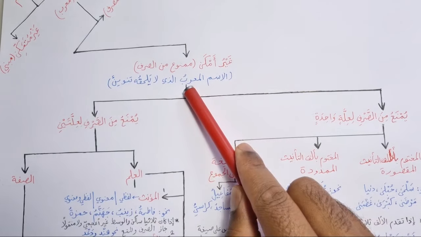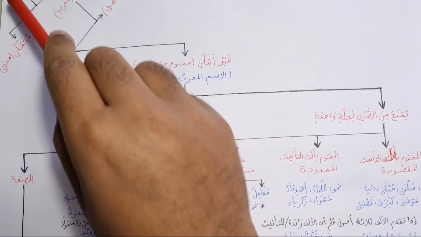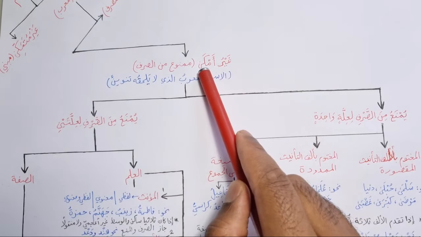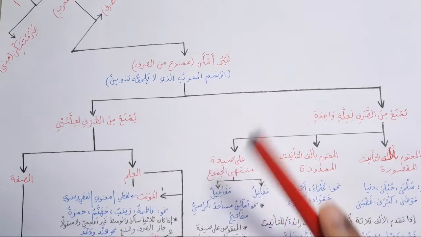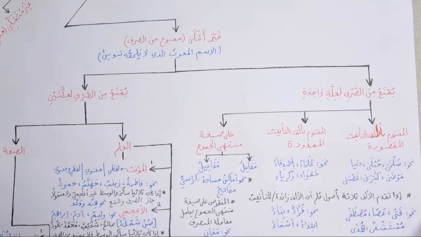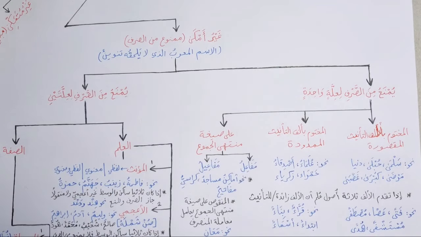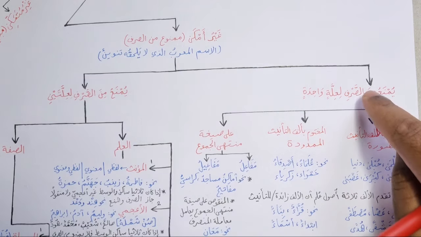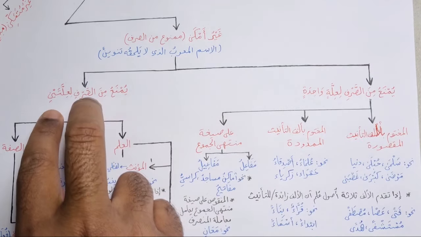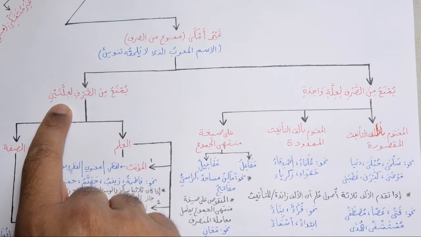It's mu'rab but doesn't take tanween. So it's mutamakkin, it's mu'rab, لكنه متمكن غير أمكن, it doesn't take tanween. This is going to be subdivided into two. In terms of the cause, what's causing it to become mamnu' min as-sarf? There is an independent cause and there is a combined cause, yani two reasons.